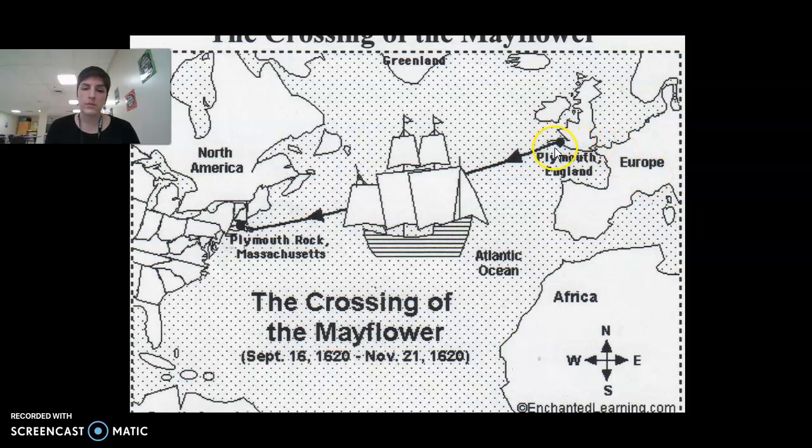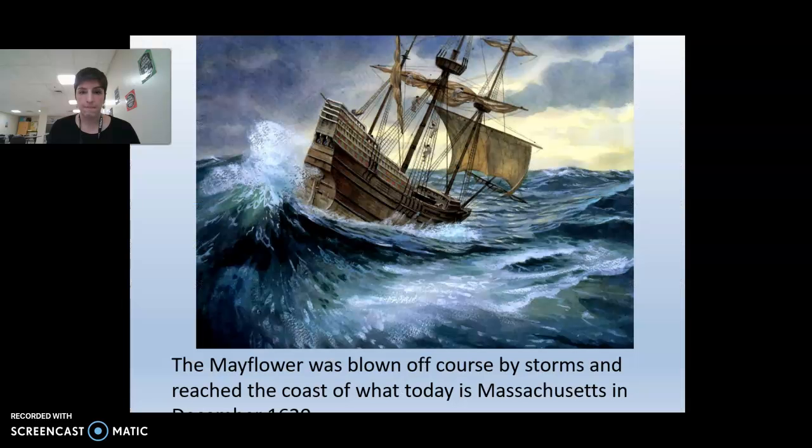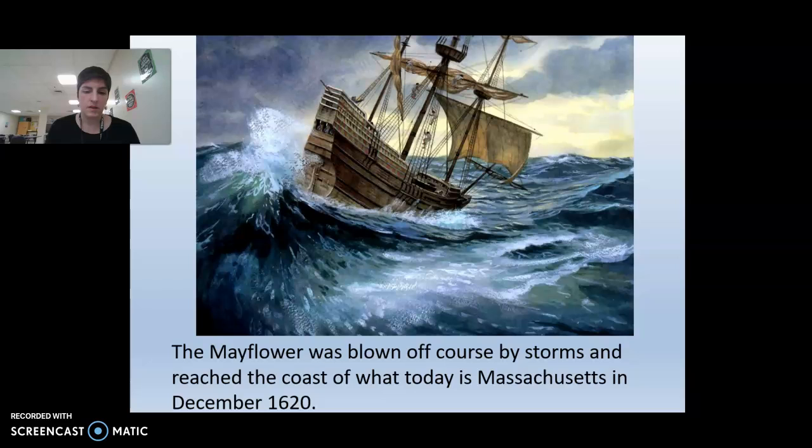They go from Plymouth, England, and then they go all the way to Massachusetts, and they land near where Plymouth Rock is now. Okay, if you notice, they just basically renamed a lot of their cities and a lot of their colonies after places in England. The Mayflower was blown off course by storms and reached the coast of what today is Massachusetts in December 1620. There you go, you can see the words.